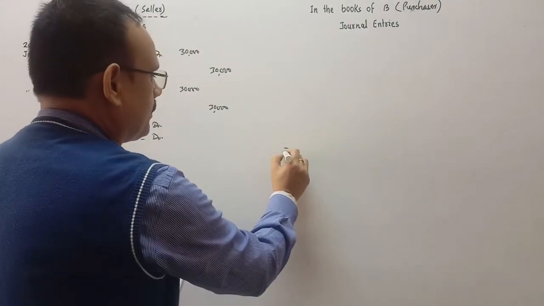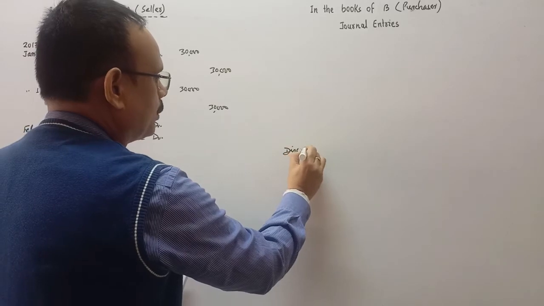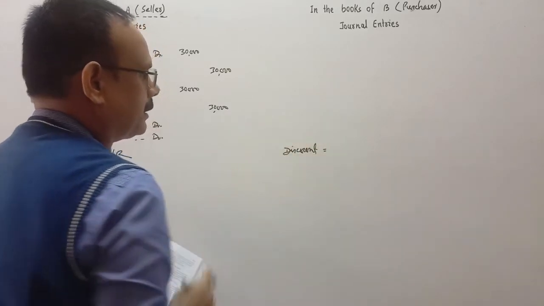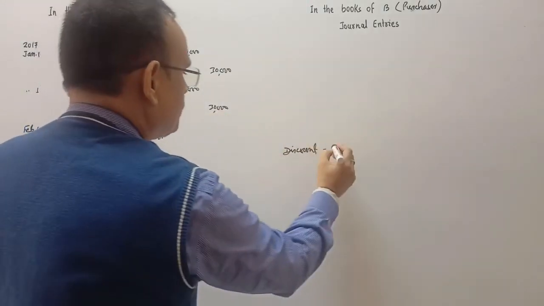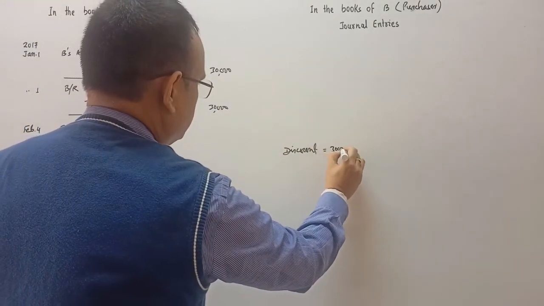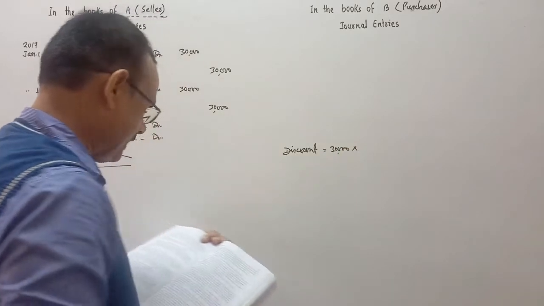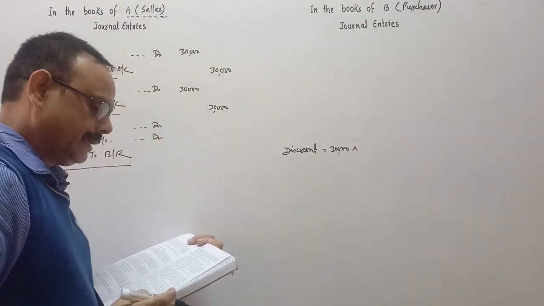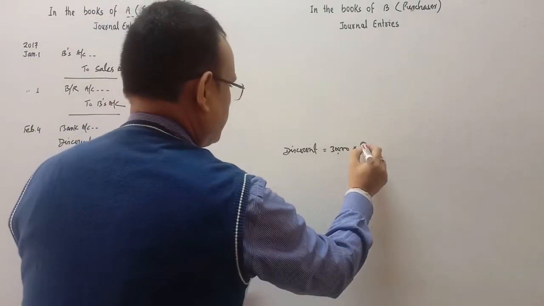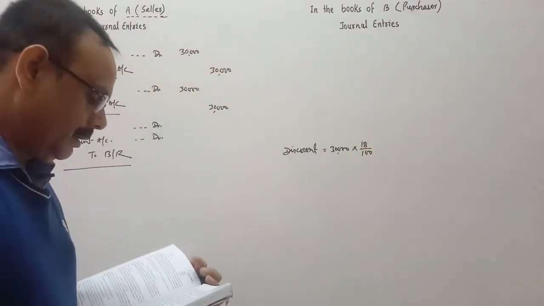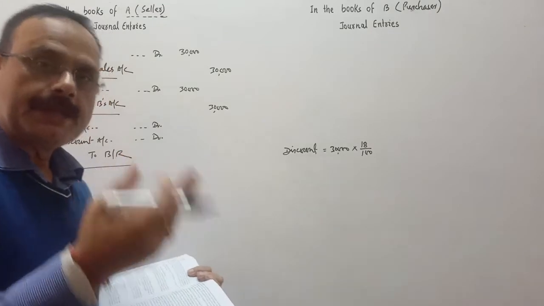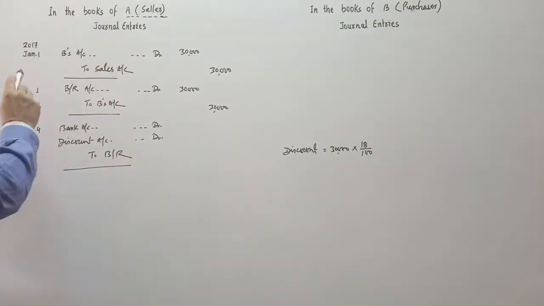So we'll calculate the amount of discount in the working note. The amount of the bill is 30,000. The rate of discount as mentioned in the question is 18% per annum. The bill is of 3 months, drawn on January 1st.